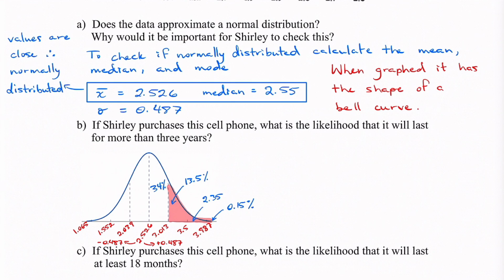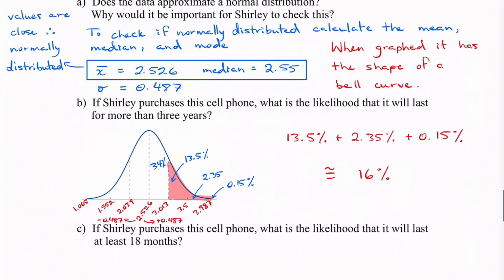So I'm just going to add up all of those highlighted regions: 13.5% plus 2.35% plus 0.15%. And when I add those all up, you are going to get 16%. This one is approximately equal to 16%, because this wasn't exactly 3.